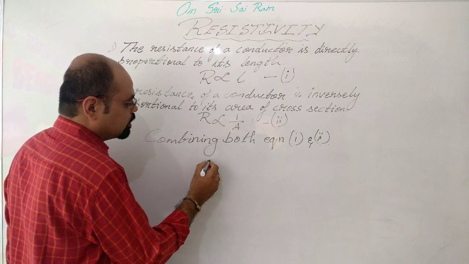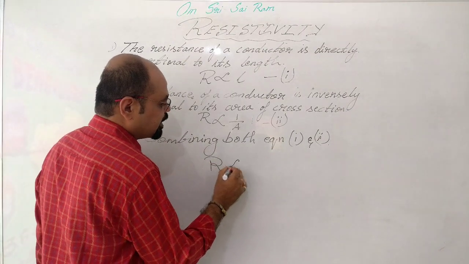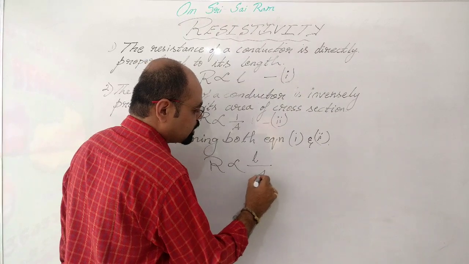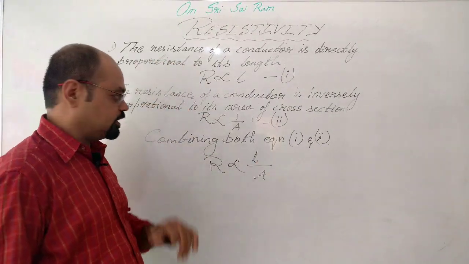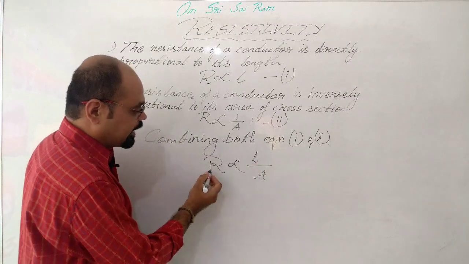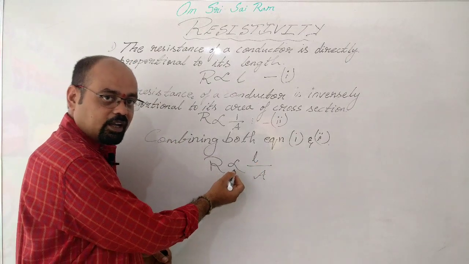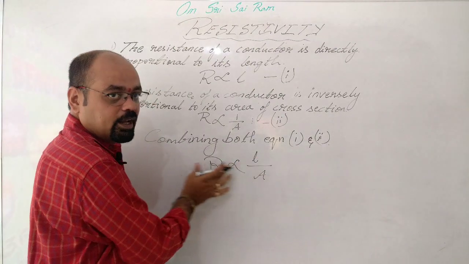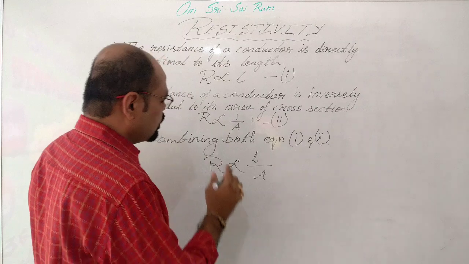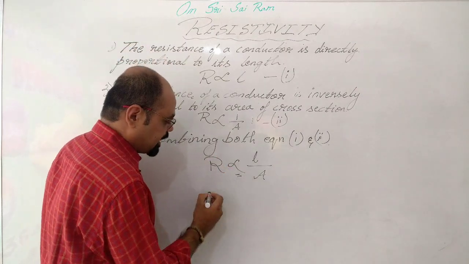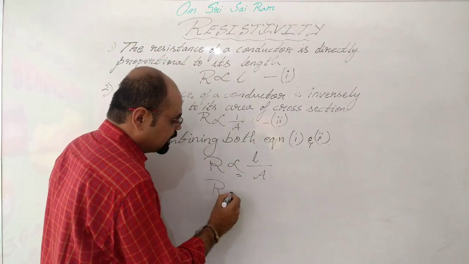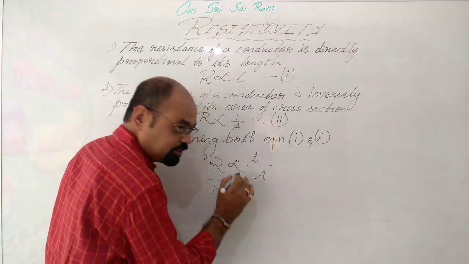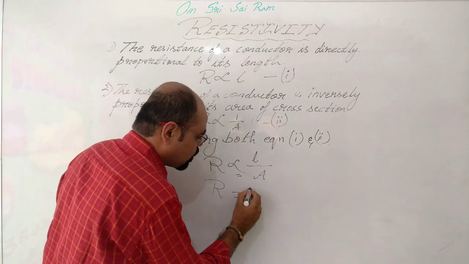we get resistance is directly proportional to length and inversely proportional to area of cross section. Now when we remove this proportionality sign, we get a constant of proportionality, that is rho.